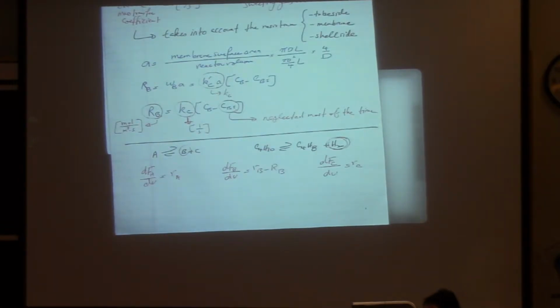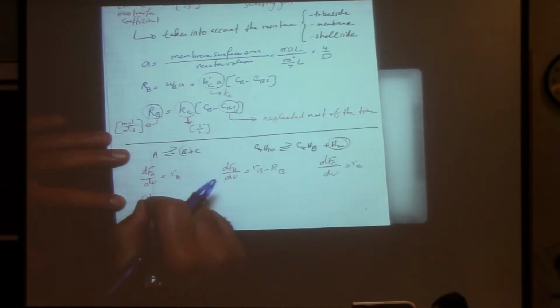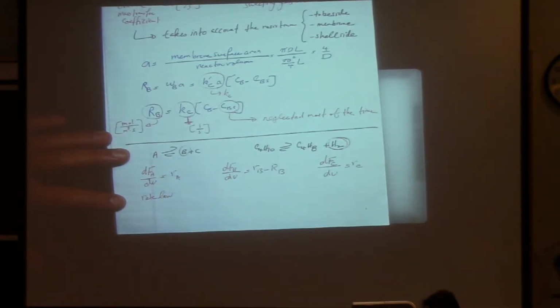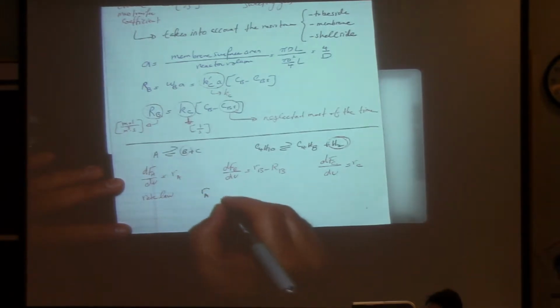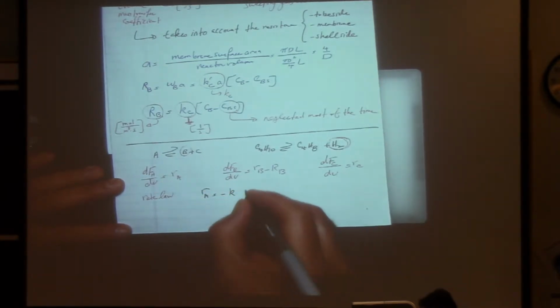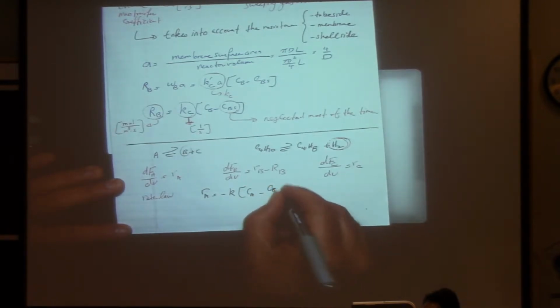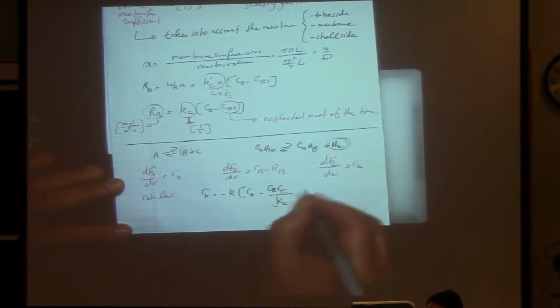Then I write the rate law. The rate law would be RA is minus k times (CA minus CB CC over capital C), where capital C is an equilibrium constant.